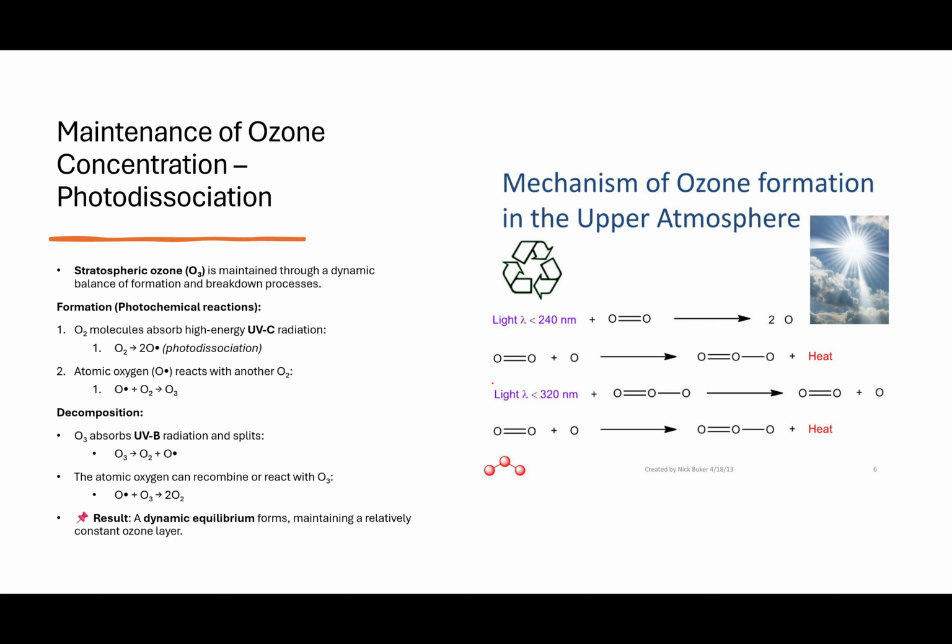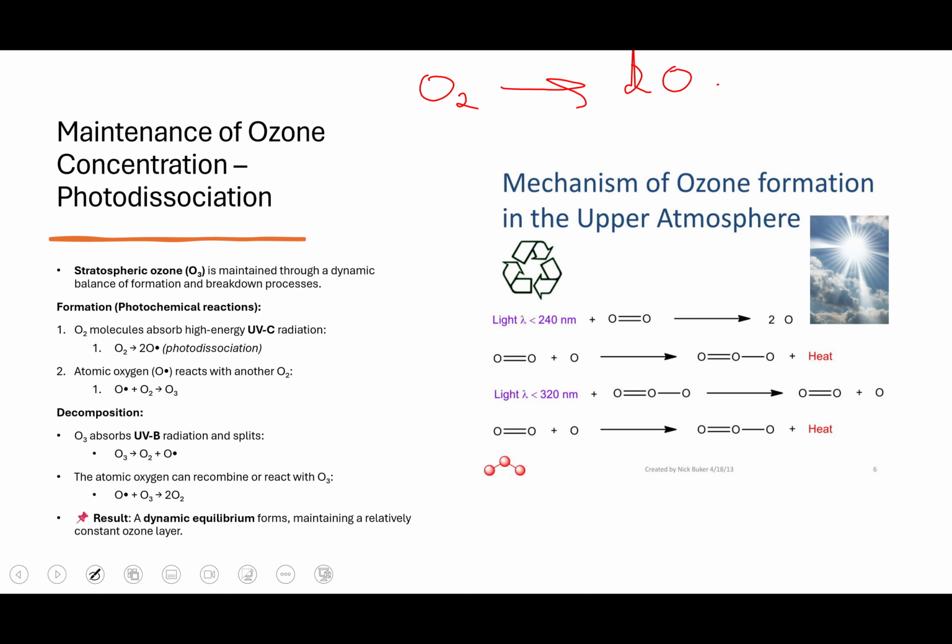Alright, so what we're starting off with is just oxygen, O2, and O2 is broken down into two oxygen radicals through photodissociation. Photo meaning light, dissociation meaning it's breaking.